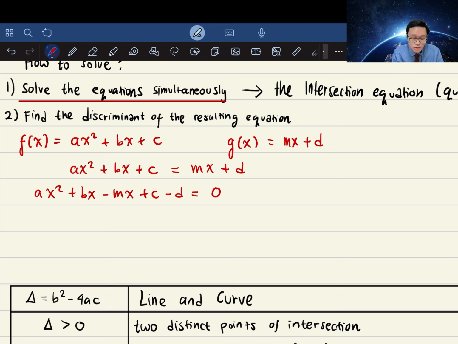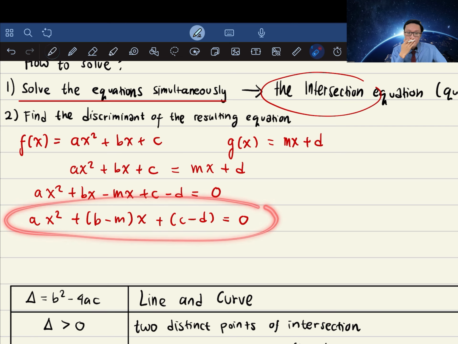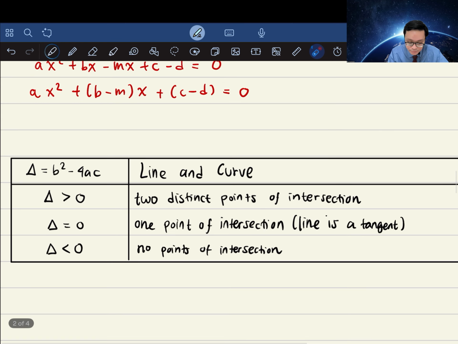Now, as you can see here, we get a new quadratic equation. We call it the intersection equation. So we have ax squared plus (b minus m)x plus c minus d equals 0. Now we have a new quadratic equation and we can find the discriminant from here to decide whether they are intersecting, touching, or don't have any intersection at all.